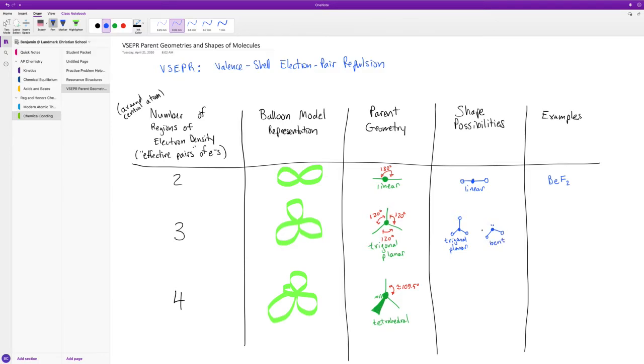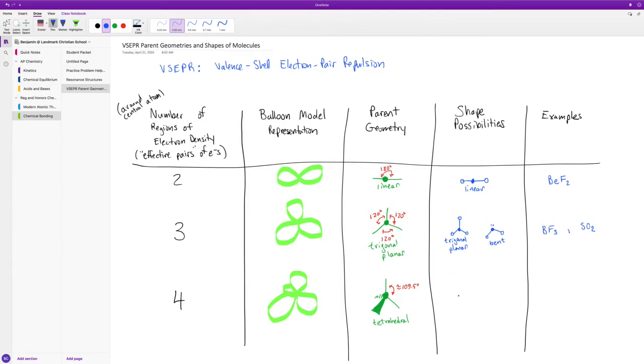So let me give you an example of each one of these. For trigonal planar, an example for that is another exception to the octet rule, boron trifluoride. That must have been the one I was thinking of a little bit ago. And sulfur dioxide. Sulfur dioxide is going to have a bent arrangement, and we'll see that in just a moment. Now, what if you have 4 electron regions around your central atom, like these 4 balloons?